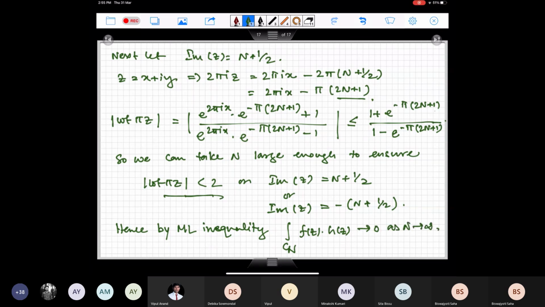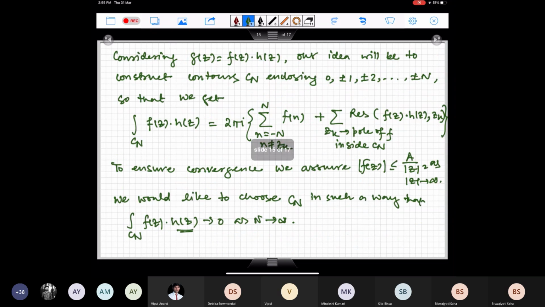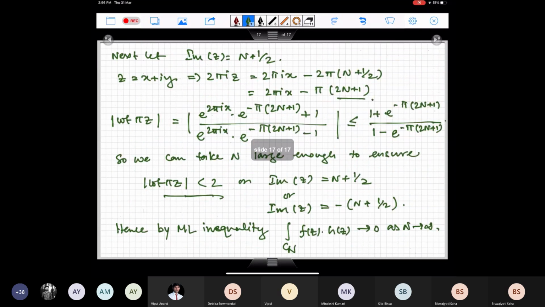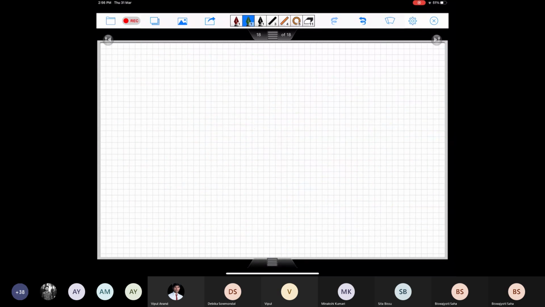So as that happens, we are going to get this. If this integral goes to 0 as n tends to infinity, that gives me the formula.